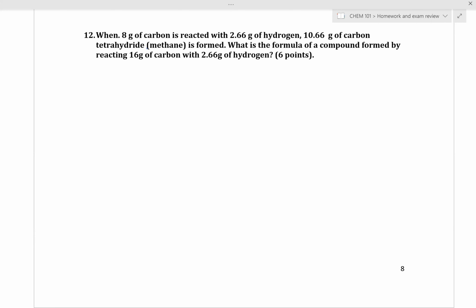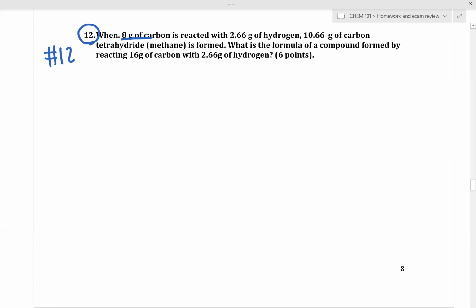This is from our practice exam number 12. When you read through these questions, your goal is to identify, first and foremost, what is the formula given, what are the masses of each element, and then which element mass is fixed.